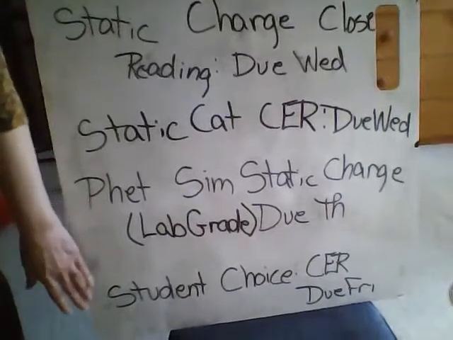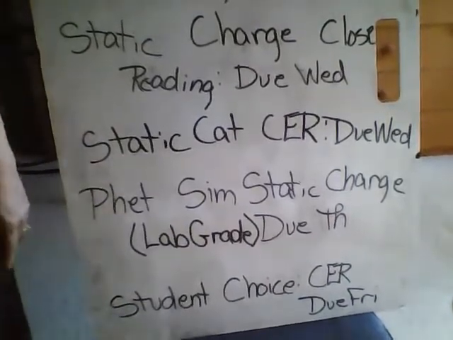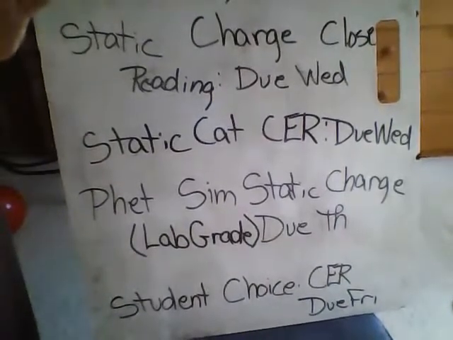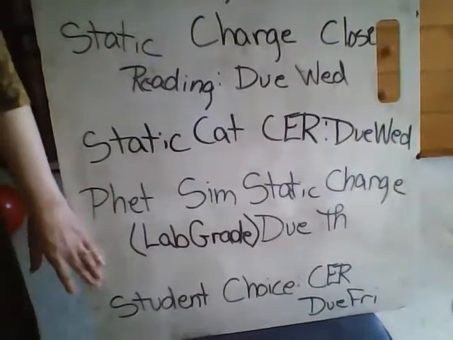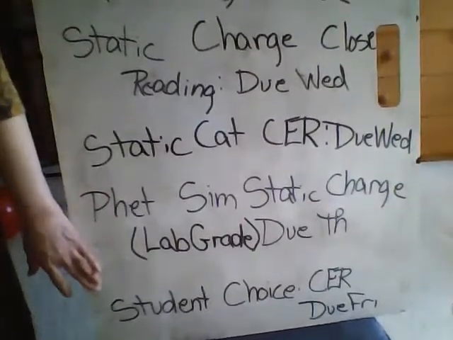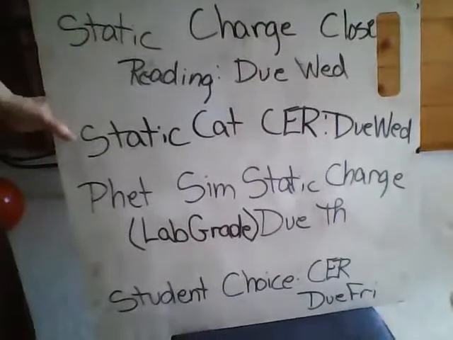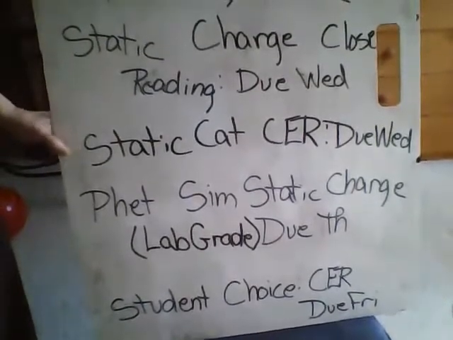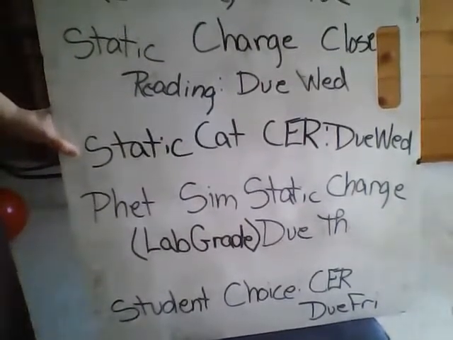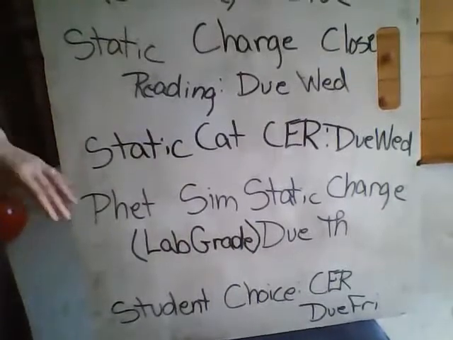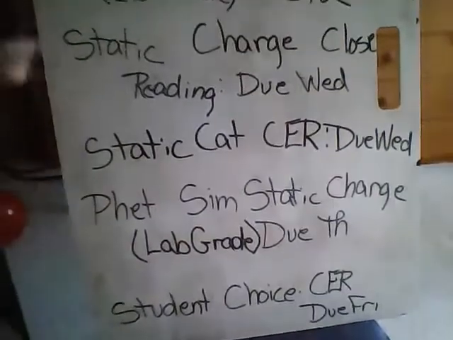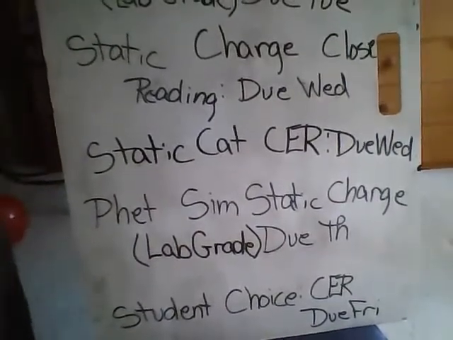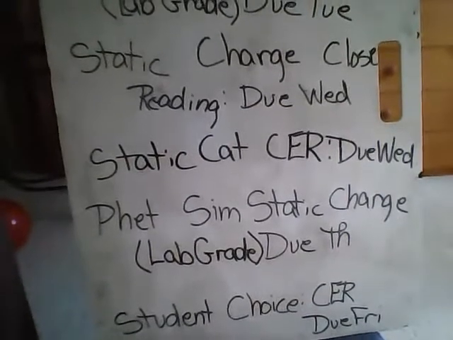You have to use claim, evidence, and reasoning. And again, the chart is there, but it's the paragraph that you're being graded on. The same thing for this one. The chart is there, but it's the paragraph that you're being graded on. So nothing is up yet in Google Classroom, but it will be by noon today.